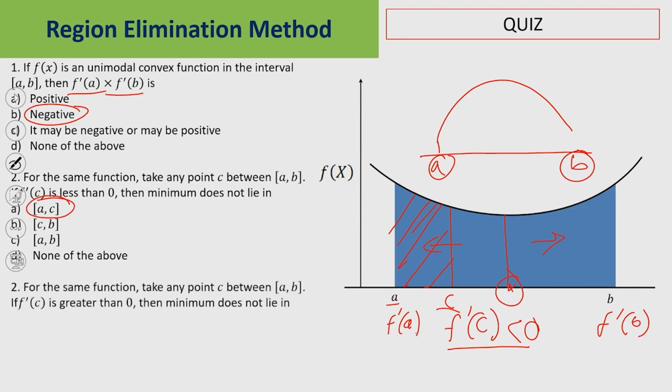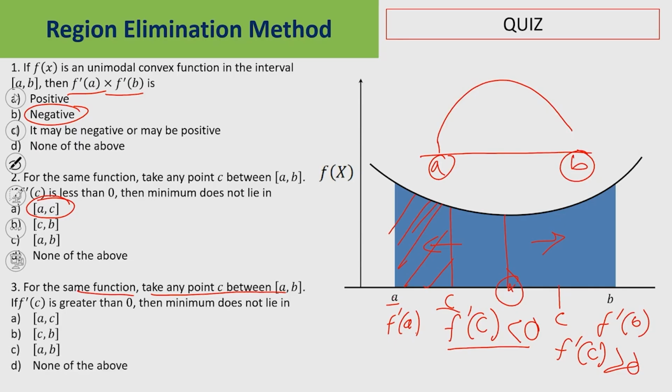Similarly, the third question is, for the same function, take any point C between A and B, and the derivative at C is greater than 0, that means positive. So now C is somewhere here and the derivative at C is greater than 0. Then the minima is not there between AC, CB, AB, or none of the above.